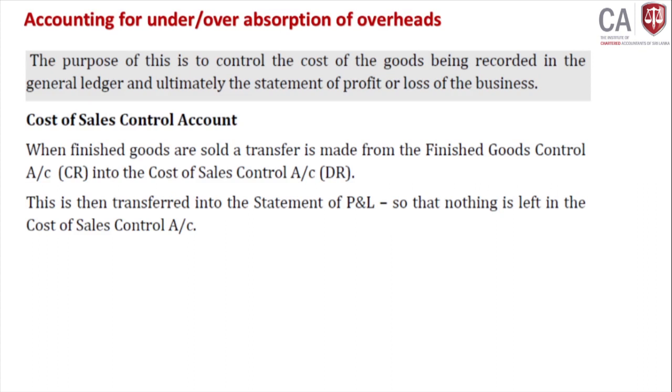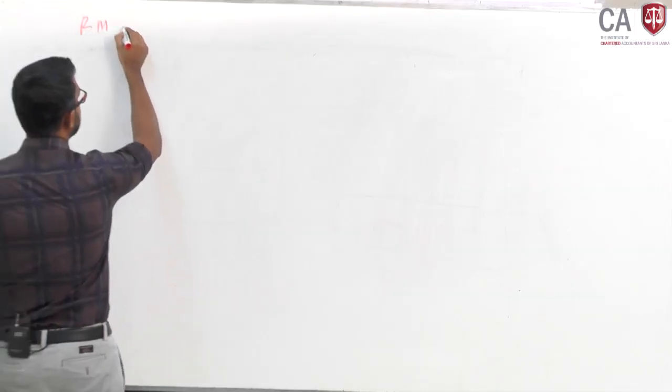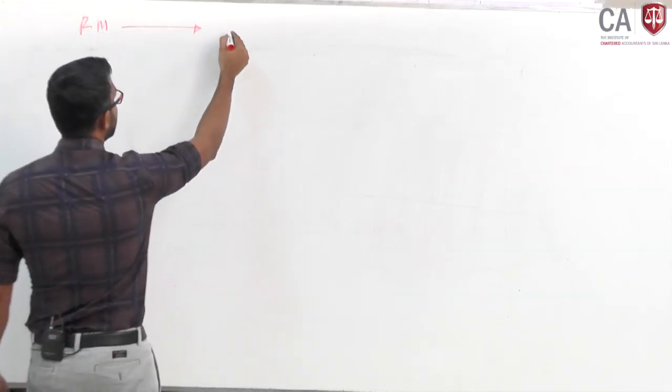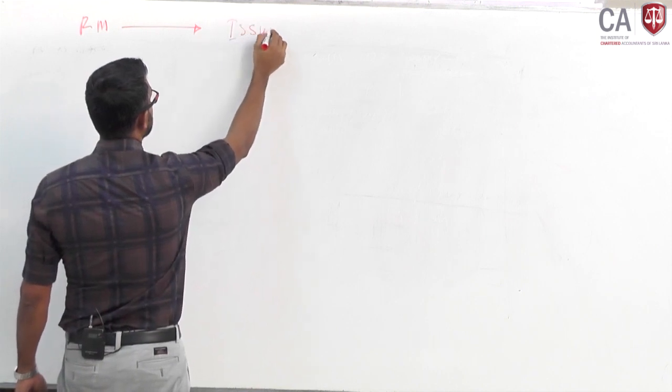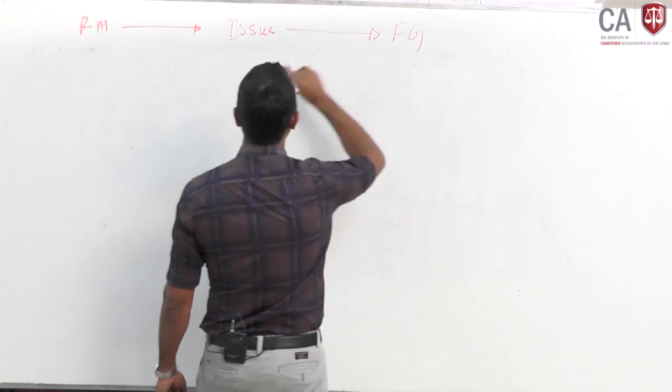I have done the same but for better visibility at the end, right? So what we have discussed: you have raw material, same thing I am drawing. We will issue that to where, then you will process.